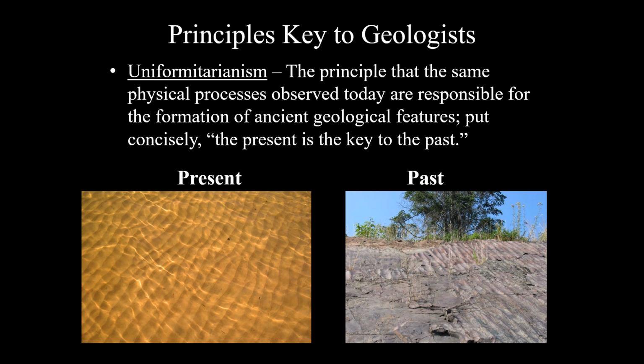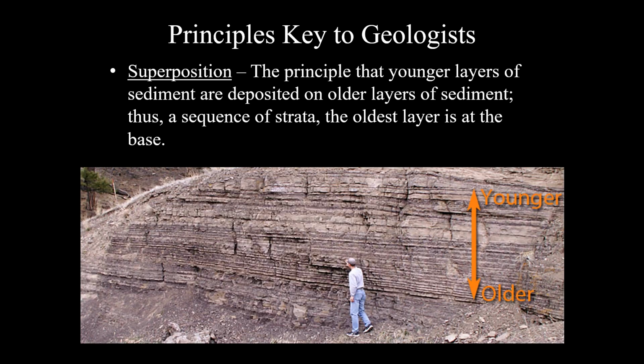So uniformitarianism is essentially how we do any sort of earth science, and it's an assumption that has to hold true because we don't have a time machine. We think it's a safe assumption that the laws of nature and the physics driving these processes were the same a billion years ago, or 4 billion years ago, as they are today.